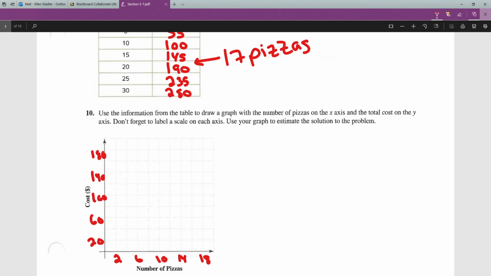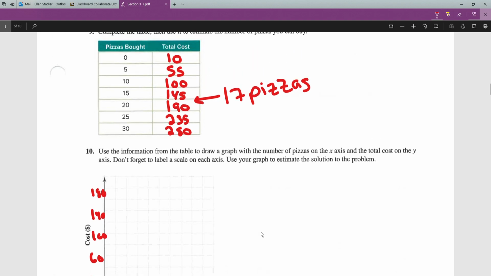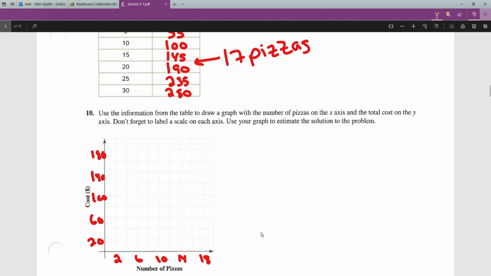Graphing the points that we found in the chart just above. So I start with 0, 10. So about halfway between 0 and 20, I have a point. 5, 55. So 5 is going to be up around here. 10 is at 100.